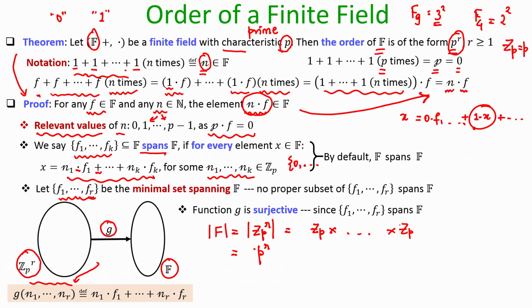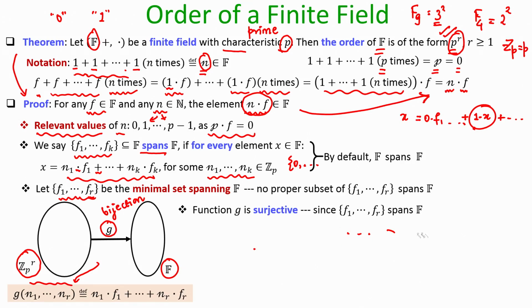So, there are p power r possible R tuples present in the Cartesian product of ZP r times, and assuming that G is a bijection, which I am going to show, assuming that this statement is true, it shows that the cardinality of F is same as the cardinality of ZP^R, and hence it shows that the number of elements in my field F is some p power r. Okay. So, that is a proof strategy here.